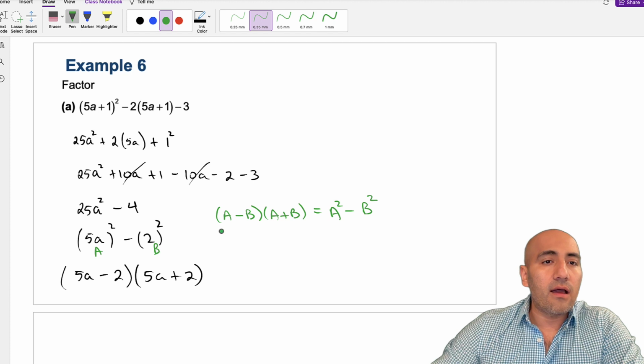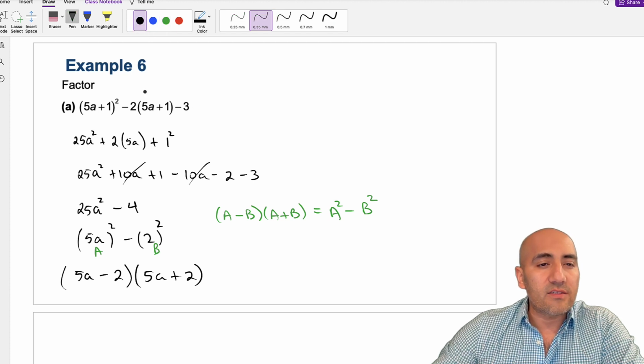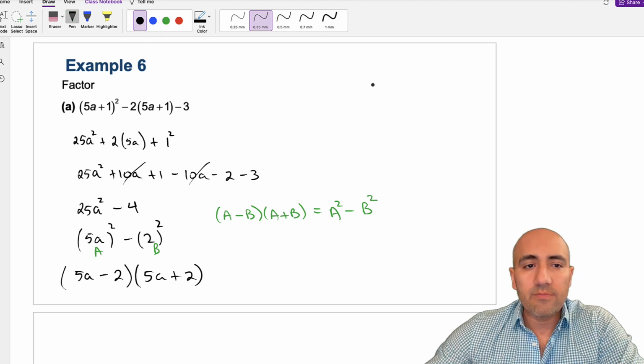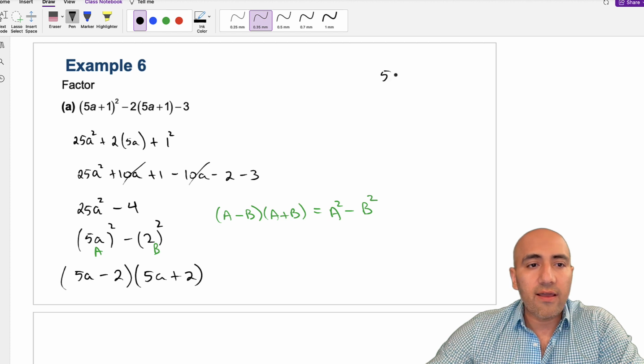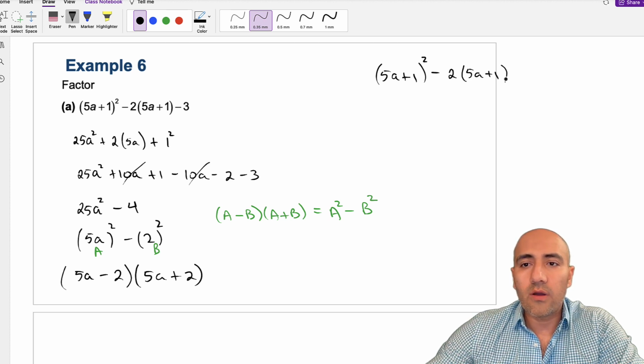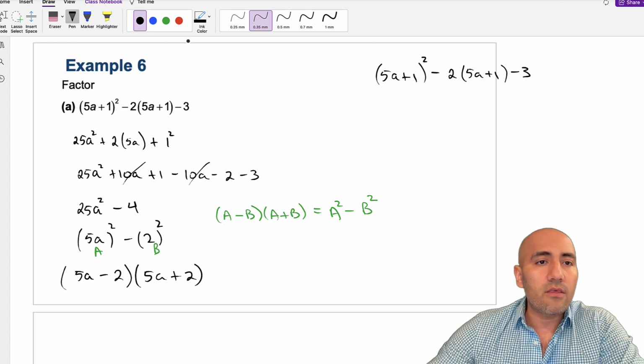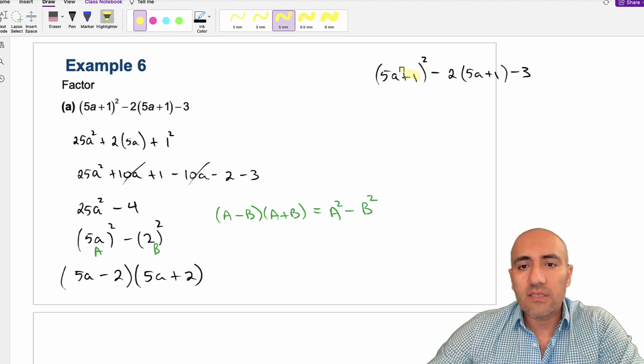But there's another thing that we could have also realized. Let me copy this back over here: (5a plus 1) squared minus 2 times (5a plus 1) minus 3. The other thing that we might notice is that it fits a particular pattern. If we think of this as one little unit, this is something squared minus 2 times something.